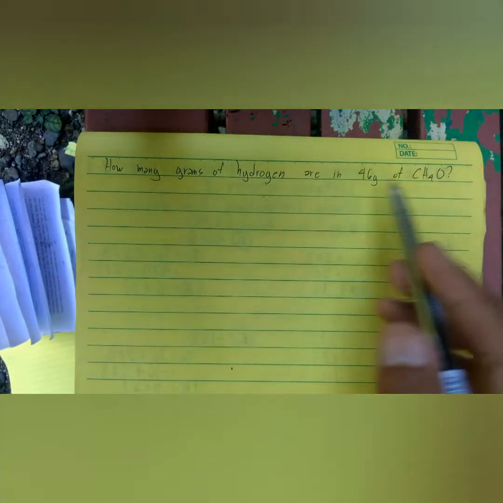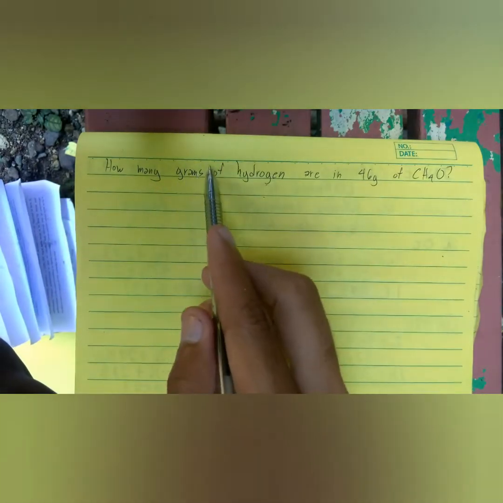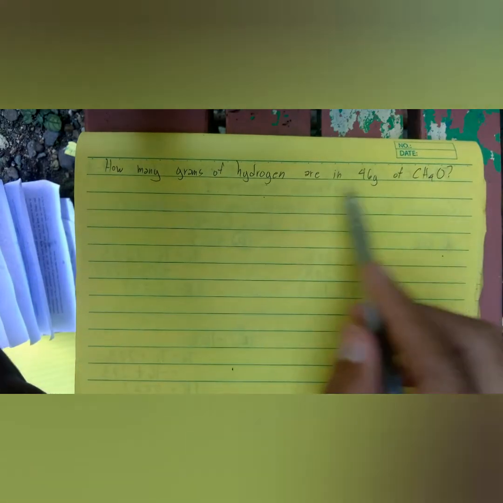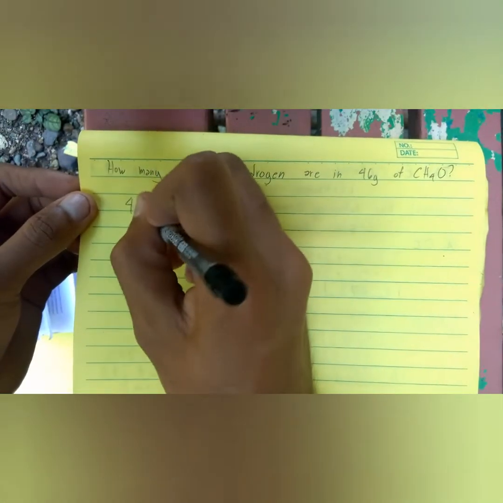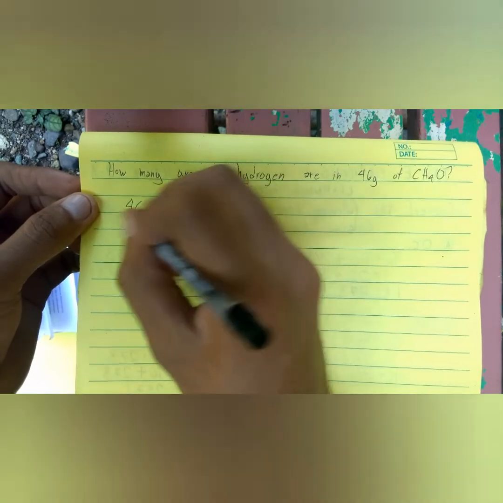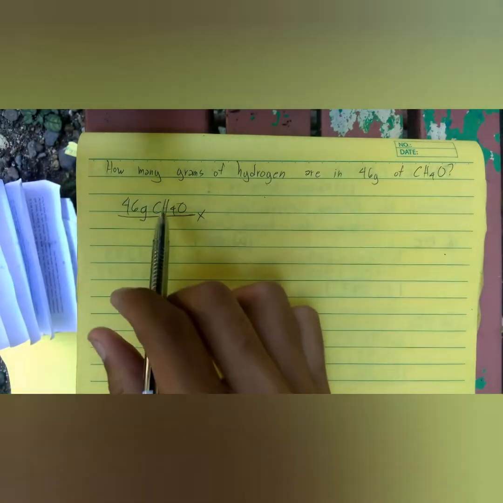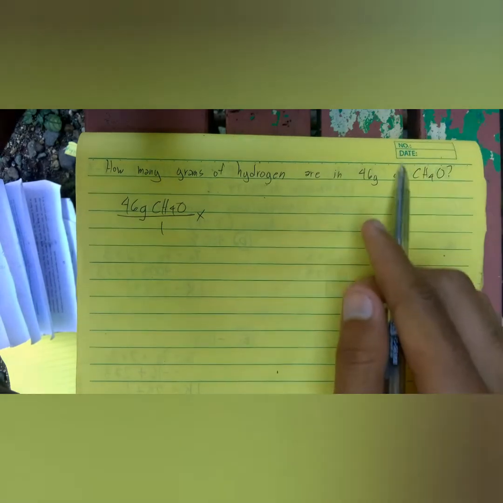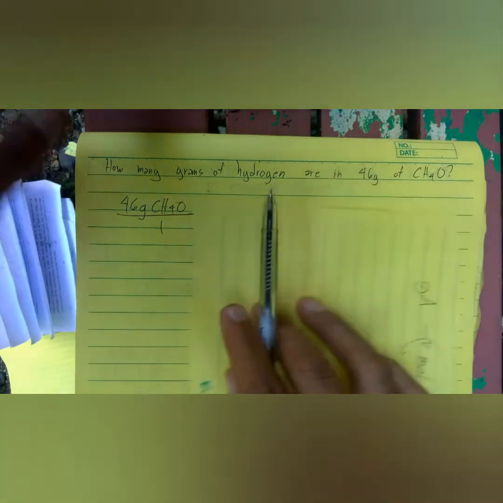But as the previous example states, we are asked to find the grams of substance B from substance A. So let's start with 46 grams of CH4O times, let's convert the grams to the moles of substance A. To do that, we have to find the atomic mass of every atom found in this substance.